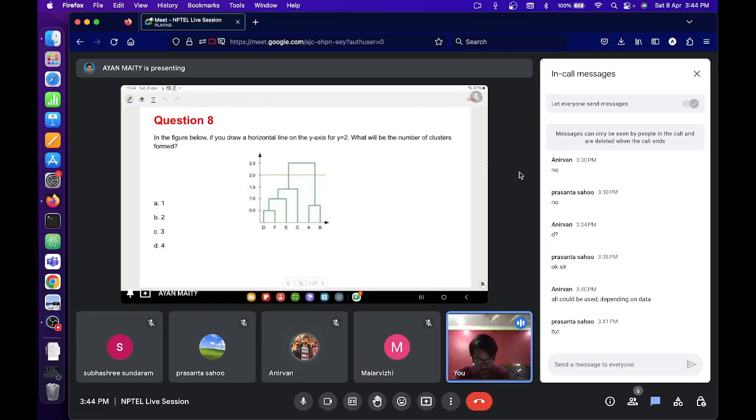Now question 8. This is on hierarchical clustering. In the figure below, if you draw a horizontal line on the y-axis for y equals 2, this yellow straight horizontal line that you can see in the figure, what will be the number of clusters formed if you terminate the process at this stage using this y equals 2 horizontal line? So how many clusters will be formed?